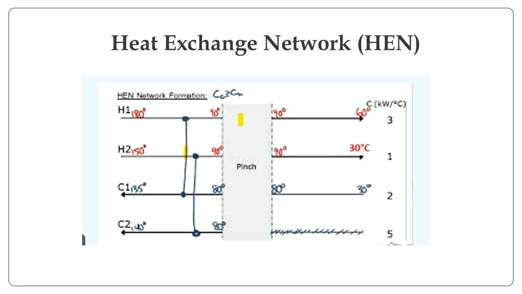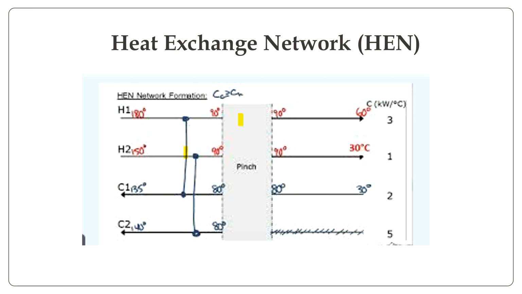For designing the heat exchanging network, we can achieve the maximum energy recovery. Here two cold streams and two hot streams are passed. The cold streams are passed from 30 degrees to 135 degrees Celsius and the hot streams are passed from 180 degrees to 60.